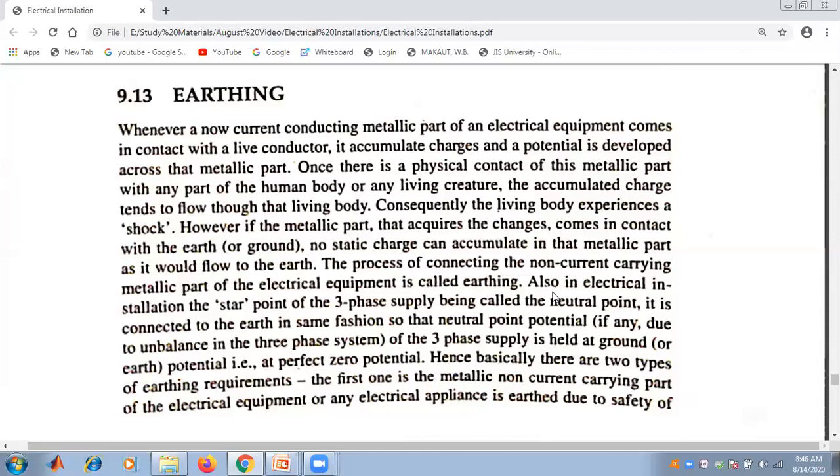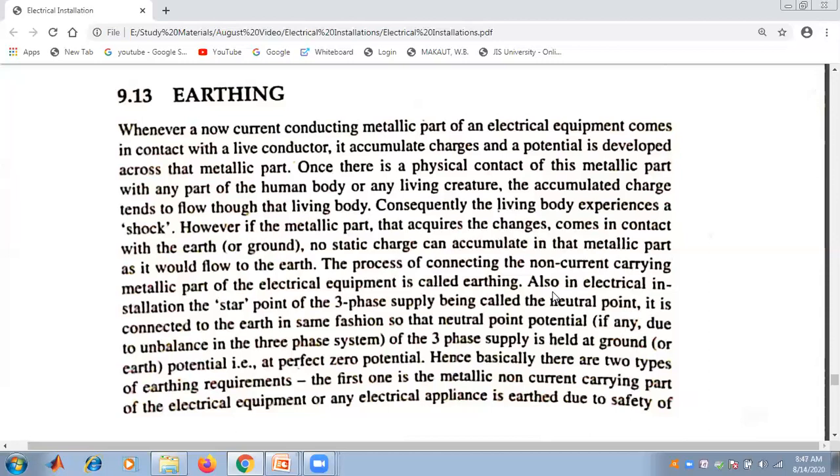That means a metallic part which comes in contact with a live wire accumulates the charge and develops a potential across that metallic part. So our main objective is to allow a way or route for the accumulated charge to pass to the ground, meaning it will come within the ground potential of the earth.